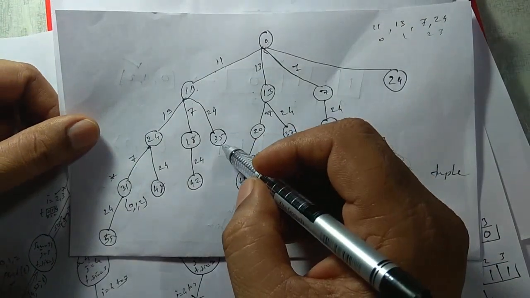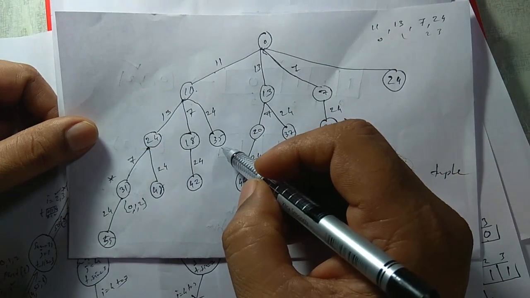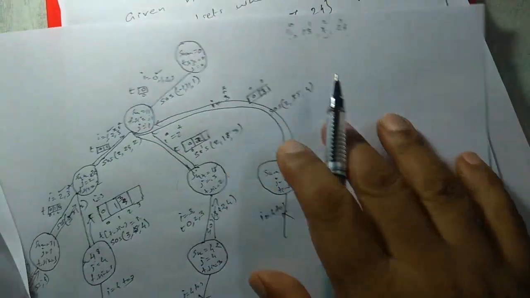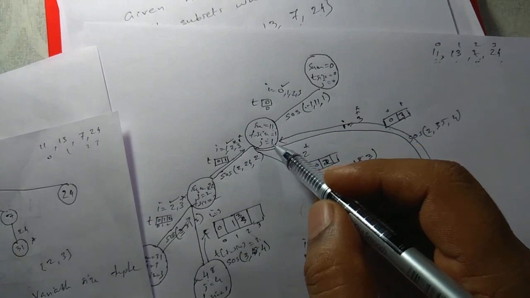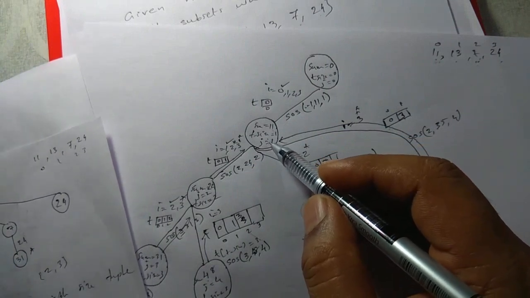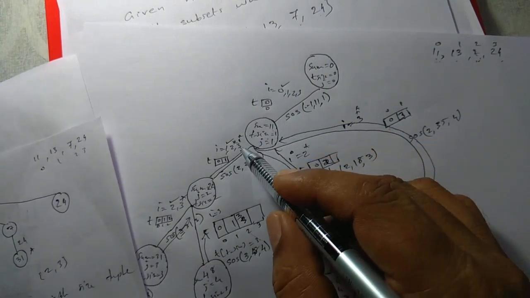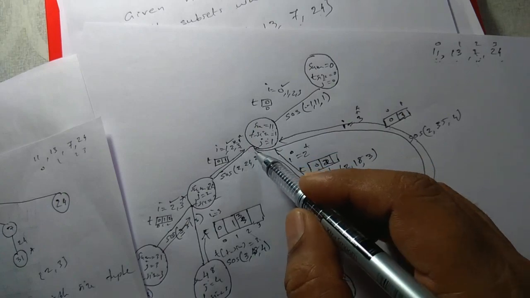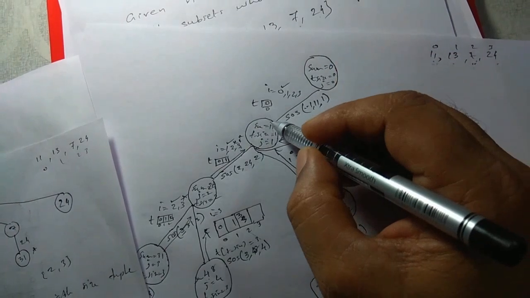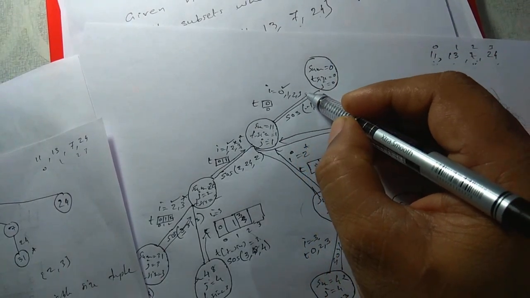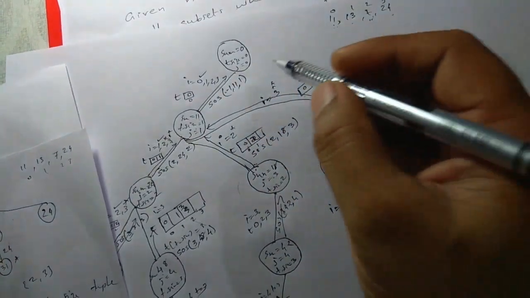Up to here we have constructed. Okay, then it is reaching this node. There the value of I is over. Okay, now it is returning. It is taking the next value of I.